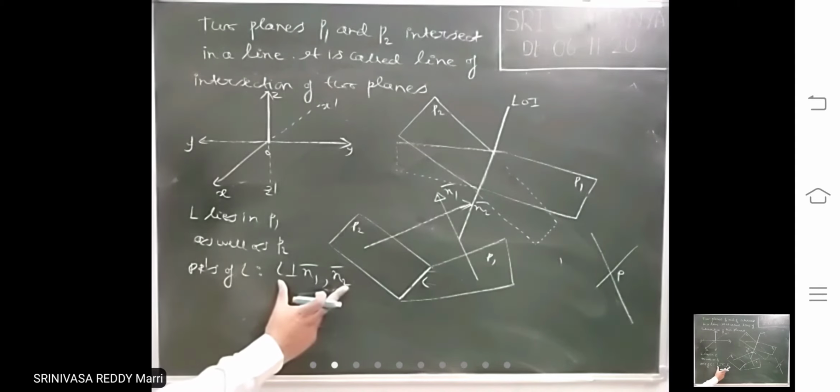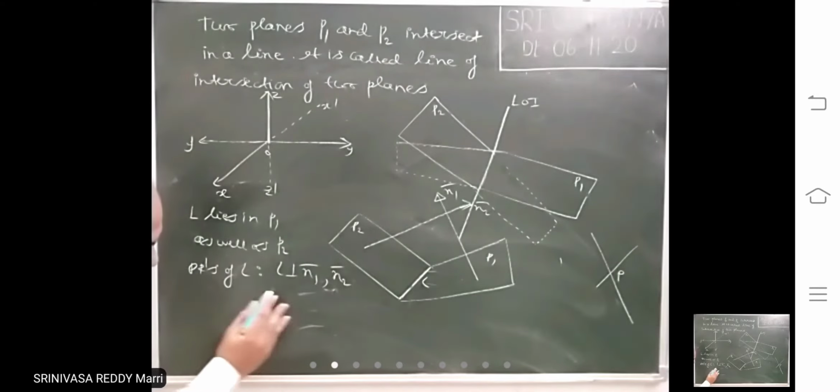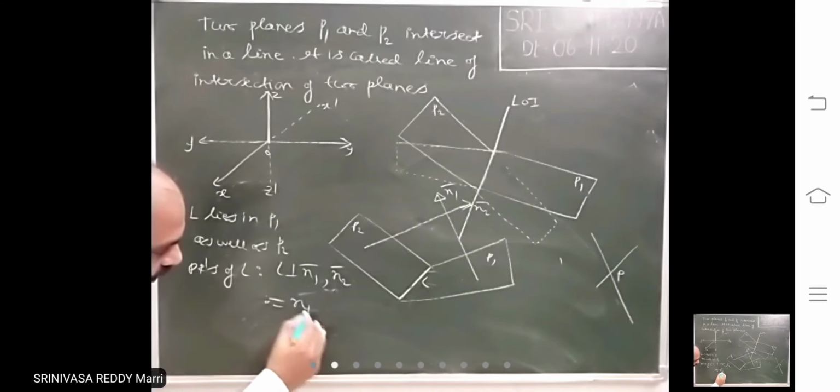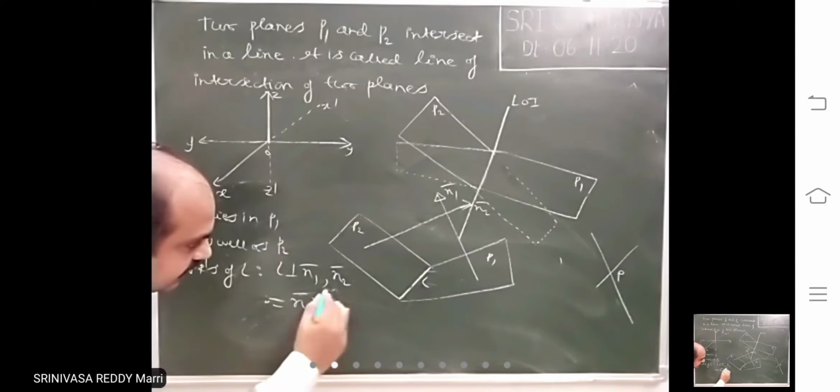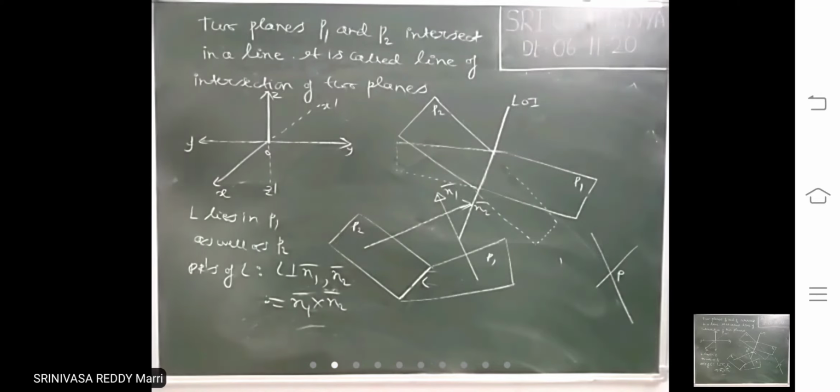So any vector along L is perpendicular to both normals. We take the normal vector of the first plane and the normal vector of the second plane, and the drs of L are given by N1 bar cross N2 bar.